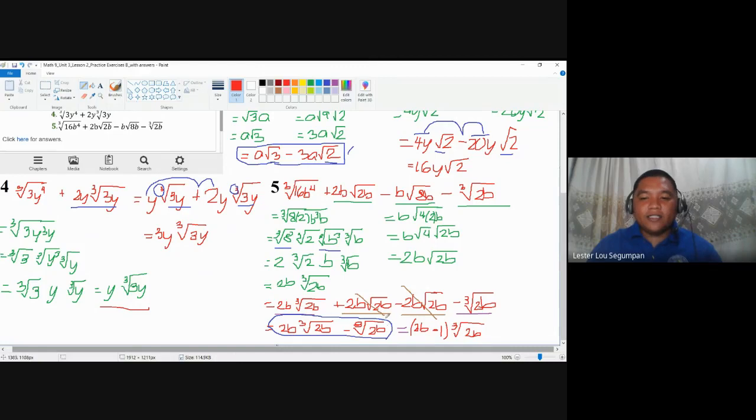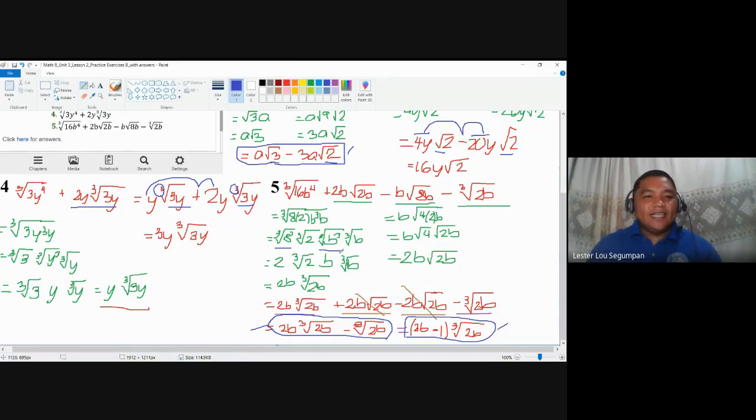You factor these two out and you will have 2b minus 1. But of course, if you are confused with this, because it will add another common concept in algebra, I would be okay with this. But this is better. Okay.